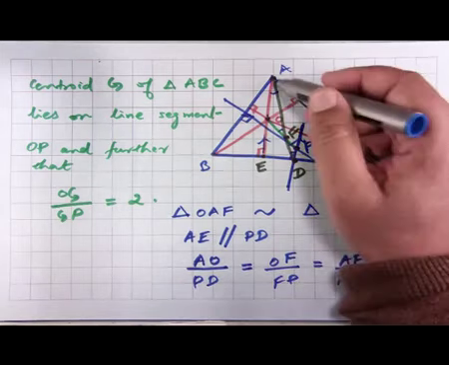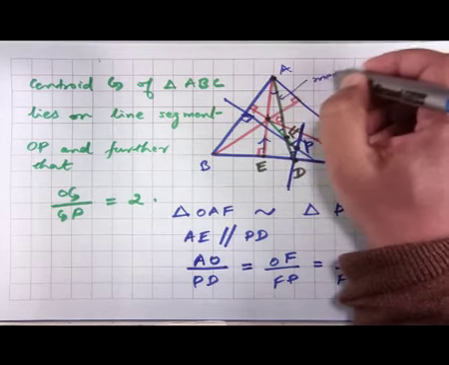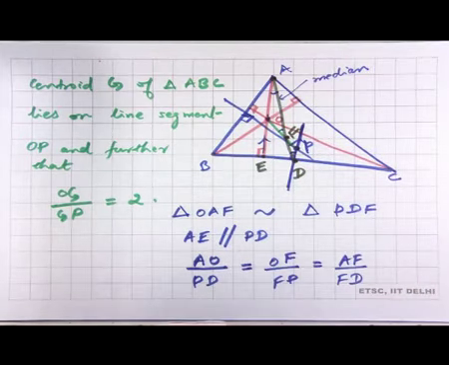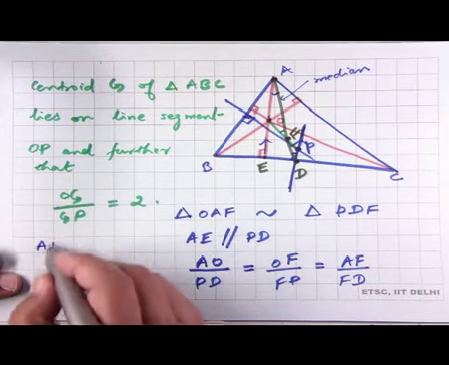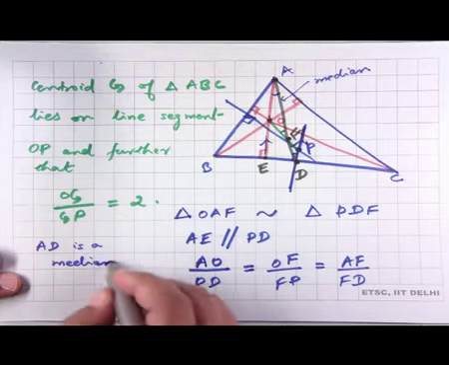So, this is actually a median, and that is because D is the midpoint of BC. So, let us keep that in mind. AD is a median.